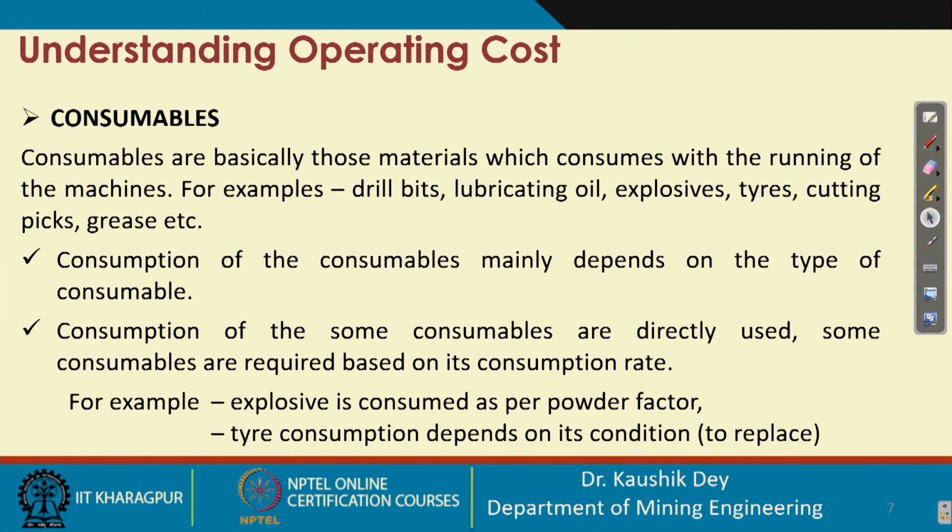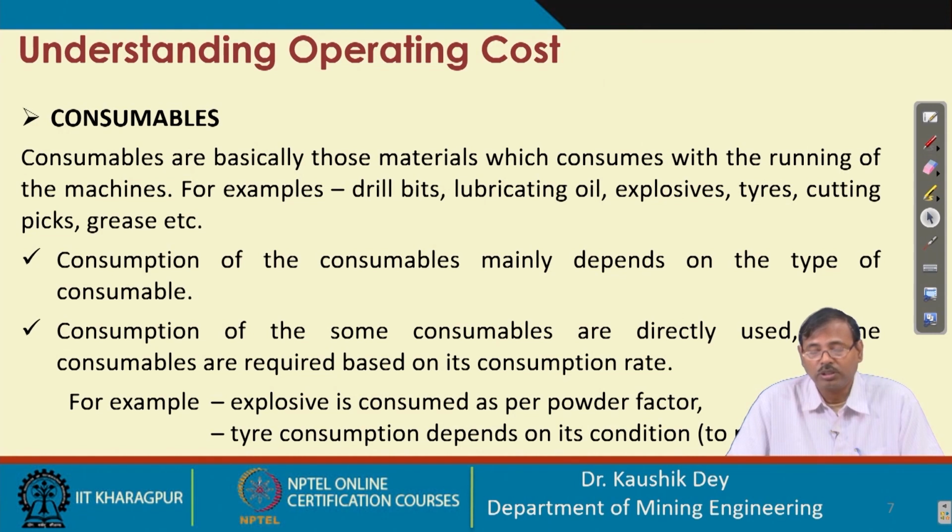Some parts are consumed during operation. There are basically two types of consumables. One is the drill bit, lubricating oil, tire and so on, which are worn by corrosion or consumed by rubbing with the surface.